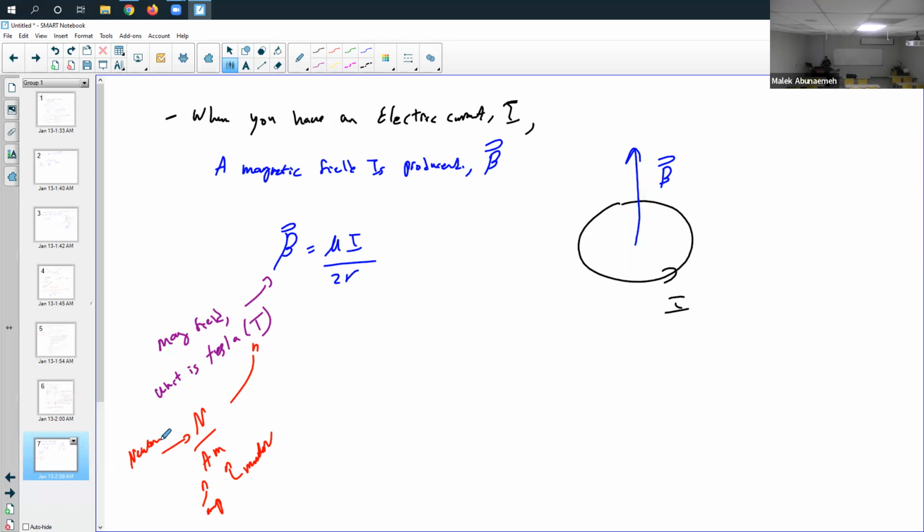But what is mu? Actually, it's mu naught. Mu naught is your magnetic constant, which is 4 pi times 10 to the negative 7 newtons second squared over coulombs squared.